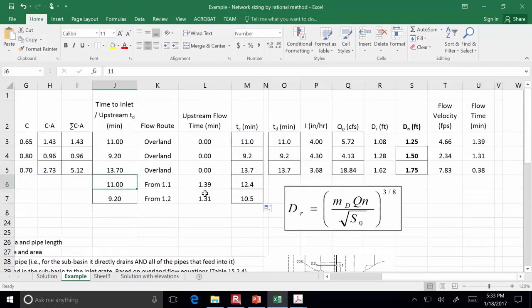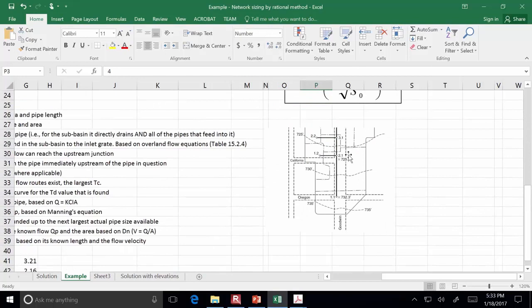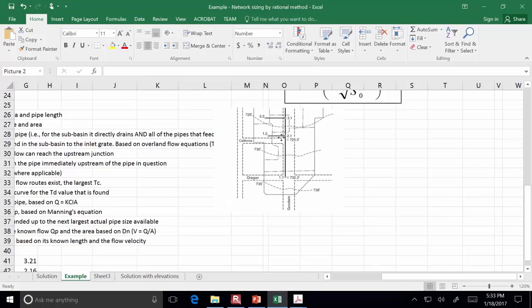But then if you add the pipe travel time of 1.39 minutes, that's where this comes from. Now, this T sub D is going to be the one that governs what intensity you should use. And there's three possibilities for junction 2.1, like which time of concentration to use could depend on, let me make the image a little bit larger.